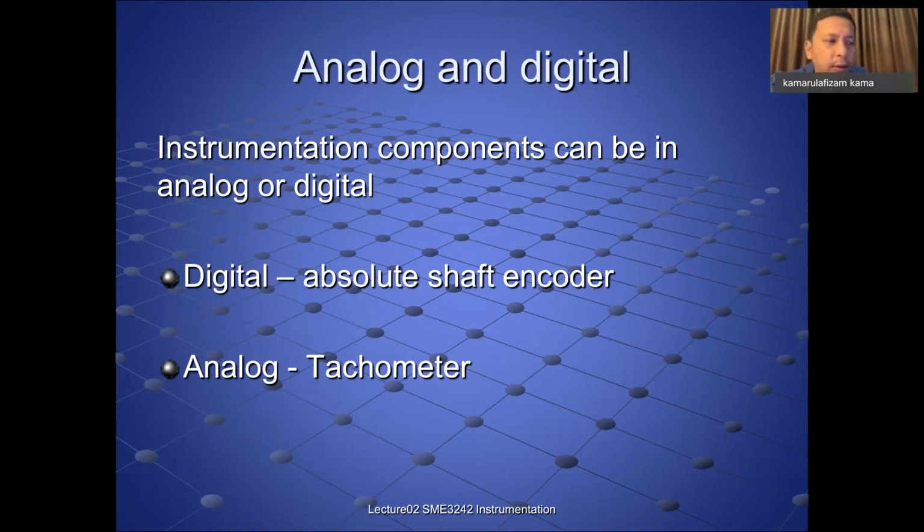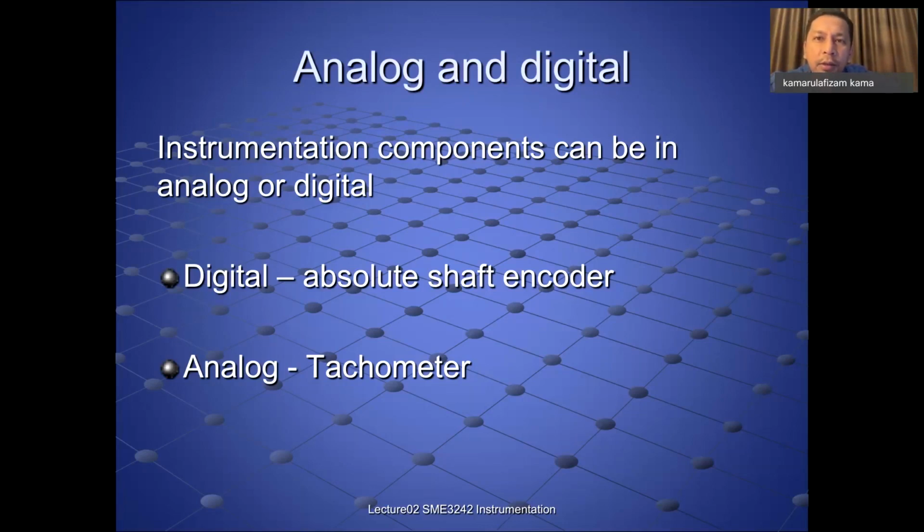Decades ago, most systems of instrumentation were in analog form because digital was not invented yet. But today we have more digital than analog. A lot of sensors from the analog world are now being converted to the digital world because of several issues, the most important being calibration and accuracy.